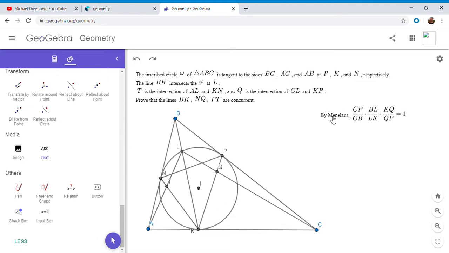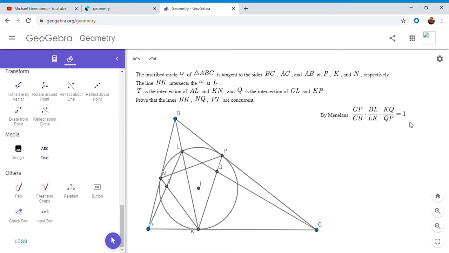For those of you that know Menelaus, we have CP over PB times BL over LK times KQ over QP equals 1. If you don't know Menelaus, I would recommend Googling it or looking it up on Wikipedia, and I might do a video on it later. But it's a very useful theorem that comes in handy a lot.